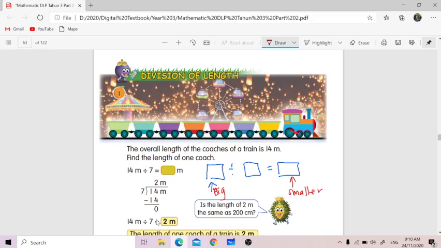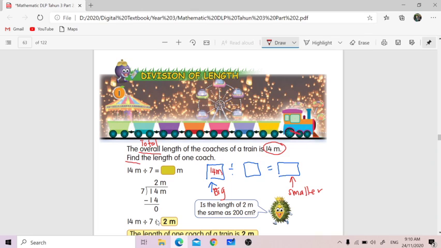Normally, students, you will see that it mentions first the overall length. Overall means total. Another word for overall is total. So the overall total length of the coaches of a train is 14 meter. It starts with a big number, a total number, and in the end it asks you to find.